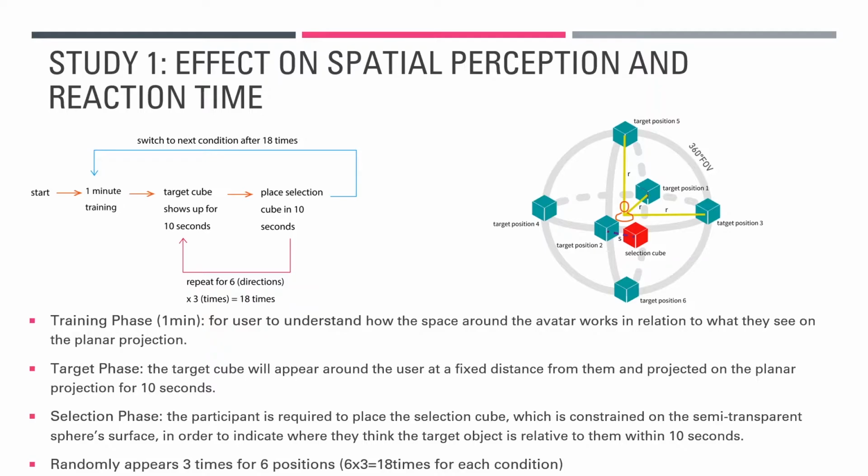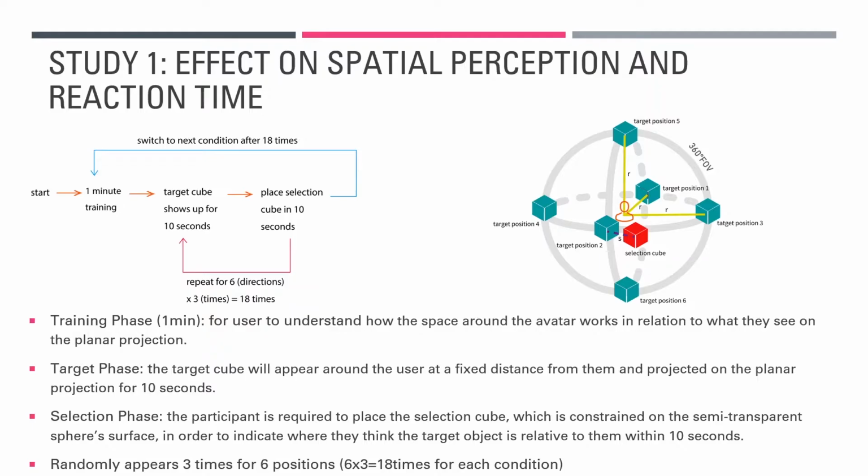During the training phase, the participant can freely move the selection cube, which is constrained to the surface of the semi-transparent sphere. When they move it, it is visible in the planar projection view and moves relatively.